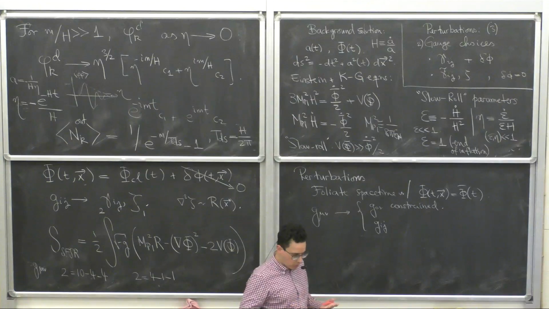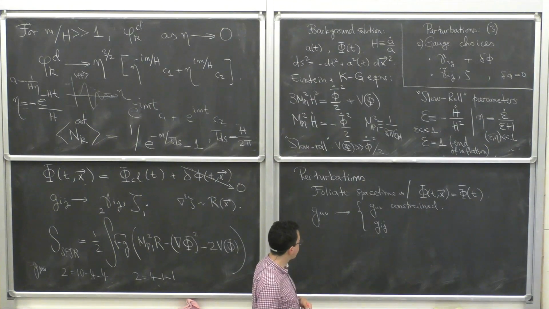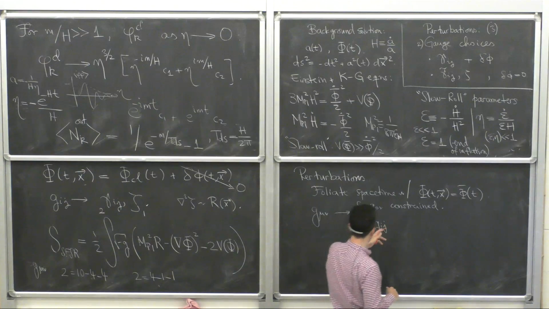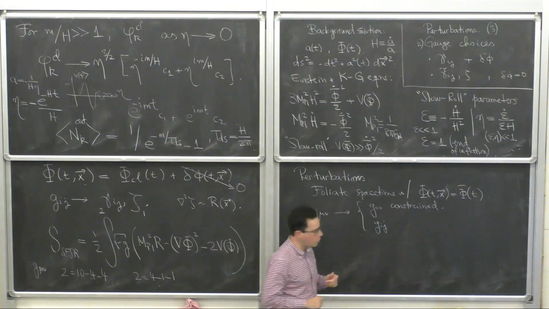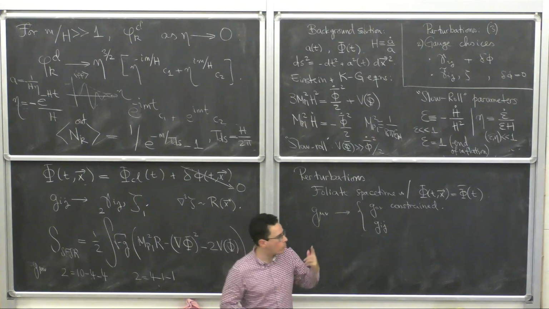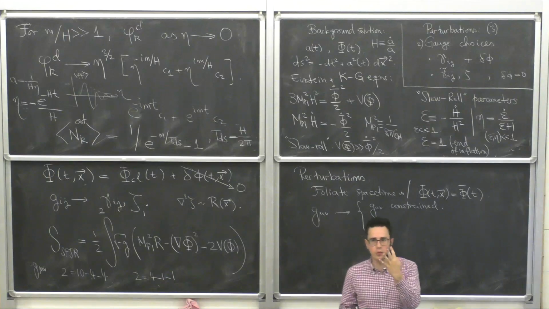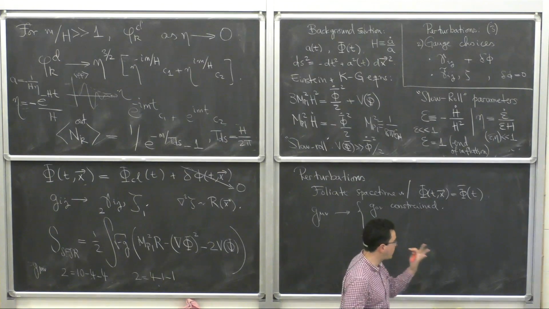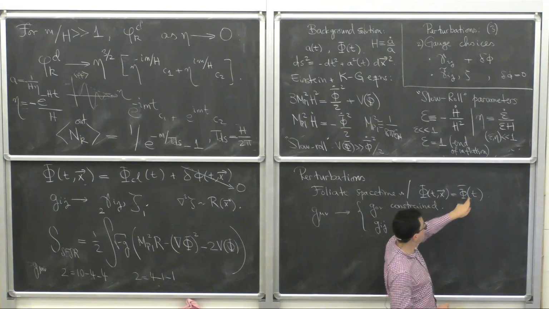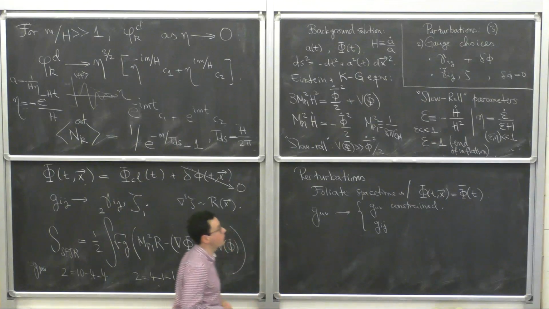And you can choose your gauge, but you only have 3 more. You already used 1 out of the 4 gauge freedoms. You pick the clock by deciding that the scalar field foliates space-time.